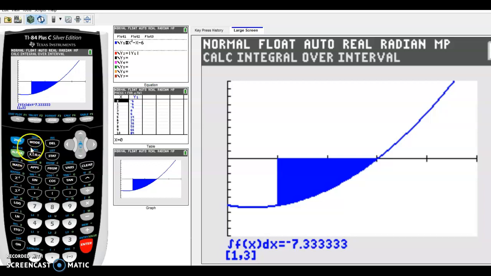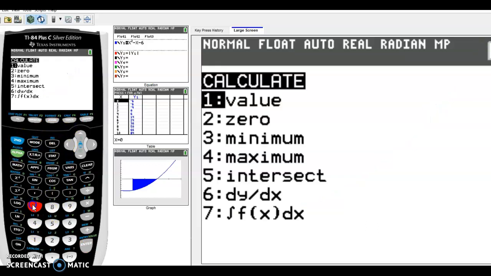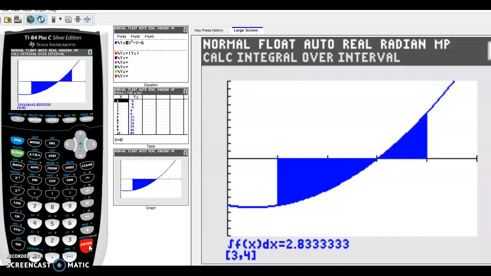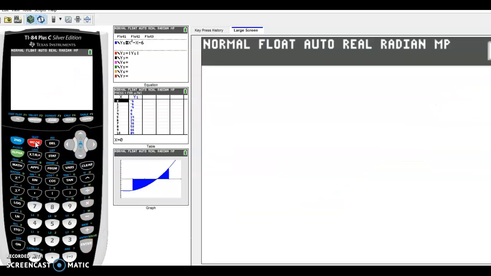And then I could say, what's the integral from 3 to 4, and it gives me 2.833. And then if I just add those two values together, actually I would make it a positive. It was negative 7.3333.